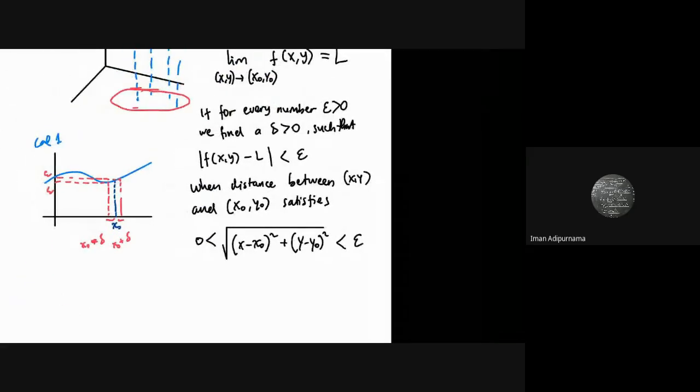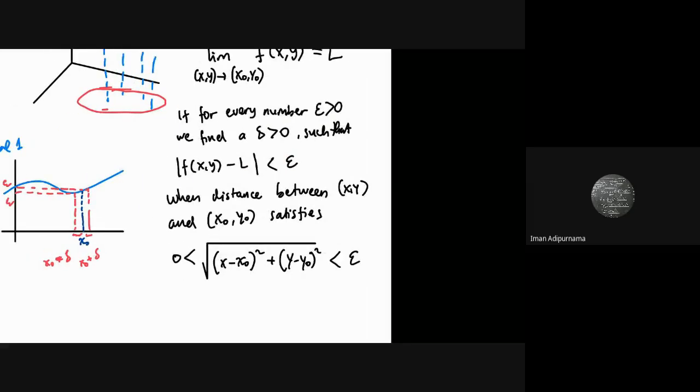So epsilon and delta are notions of really small numbers. For every number epsilon greater than 0, we are going to find another delta, and the distance between the function and L will always be less than epsilon.